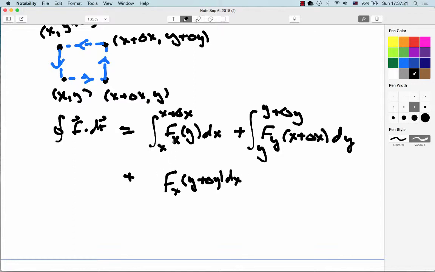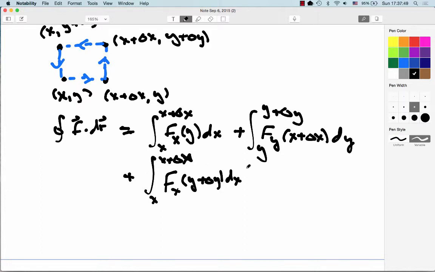Now, normally you would be saying, well, okay, I'm heading in the minus dx direction, so I should really have a minus sign in front, but I'll be integrating from x plus delta x just to x. So if I flip the order of integration, I can keep the plus sign. If I flip the order of integration, it'll be consistent with this order of integration, which will make things easier in a second.